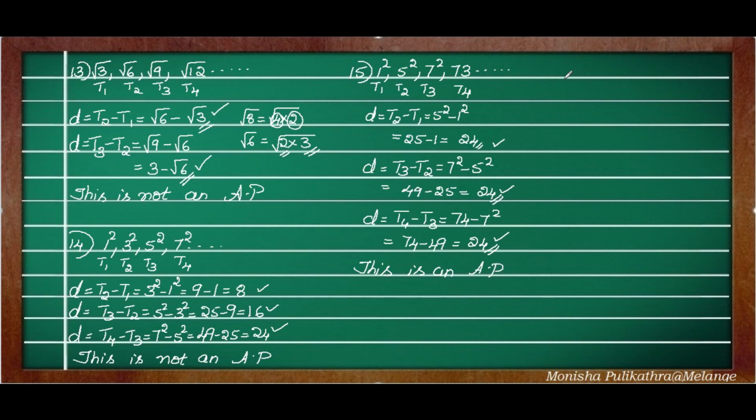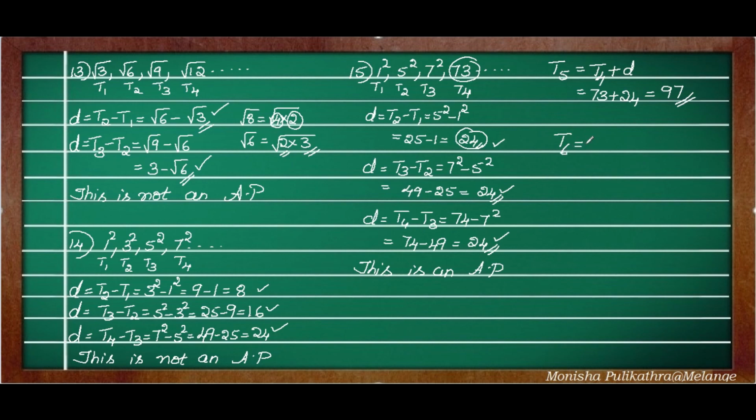When it becomes an AP, we need to find the next three terms, that is T5, T6 and T7. T5 is equal to the previous term plus D. T4 is 73 and the common difference is 24. So 73 plus 24 will become 97. So T5 is equal to 97.